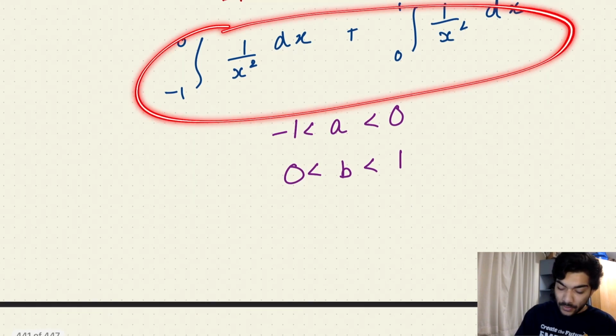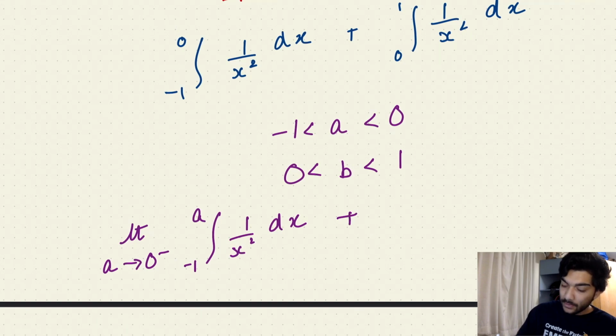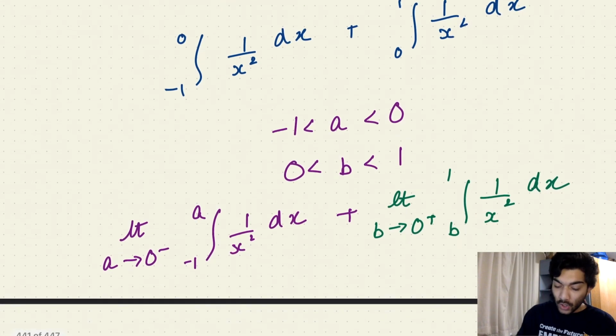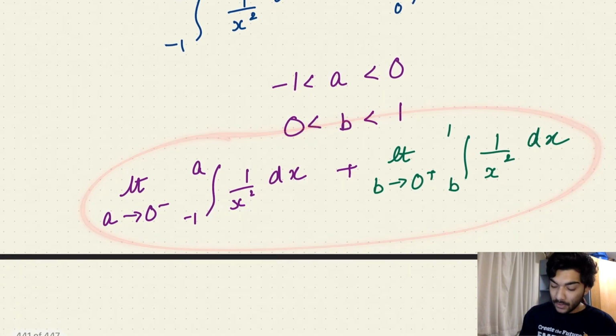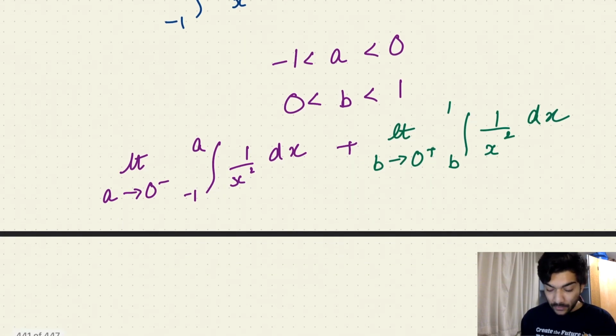To solve these two integrals, we'll take the limit a approaches 0 minus of the integral from -1 to a of 1 upon x squared dx, plus the limit b approaches 0 plus of the integral from b to 1 of 1 upon x square dx, right? So we used all the concepts that we covered in the last videos to get this expression. If you didn't get this part, I highly suggest you first watch my previous videos to get the full context of this video.